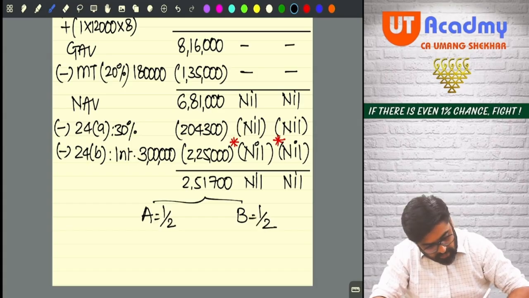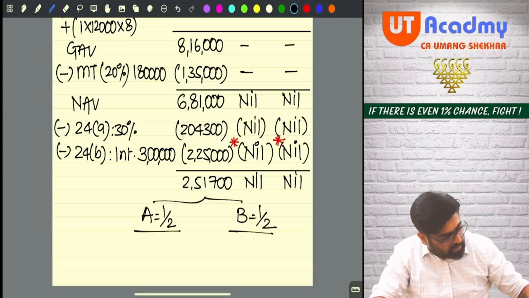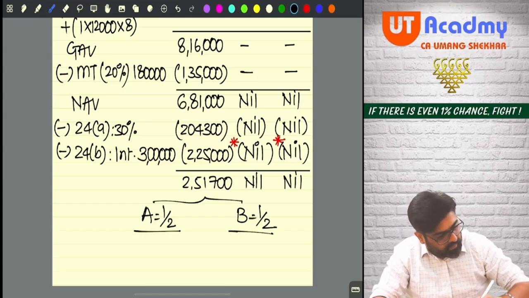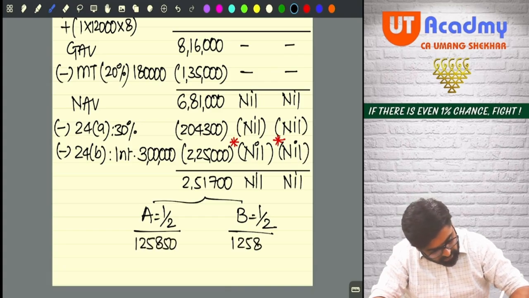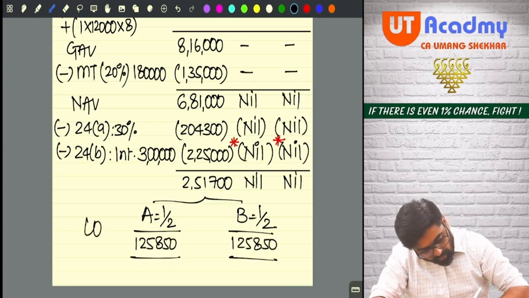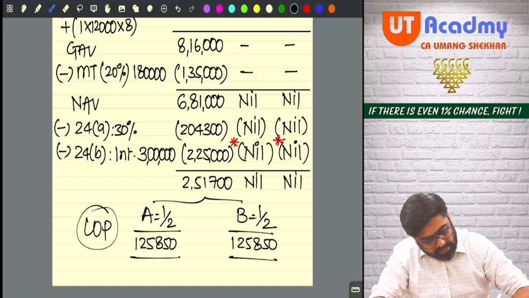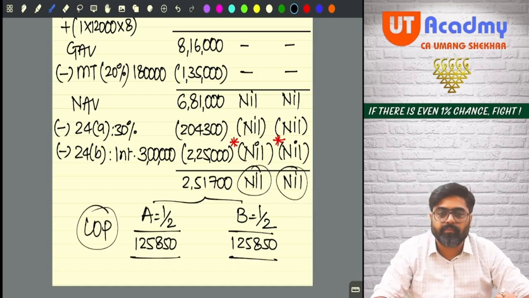Yes or no? So here it will be 1,25,850 and here 1,25,850. Everyone got this? This is the LOP portion income. And can I say this is the SOP portion income?